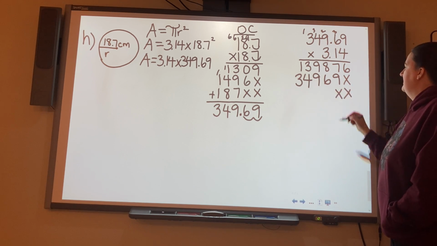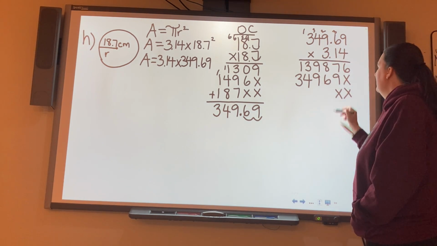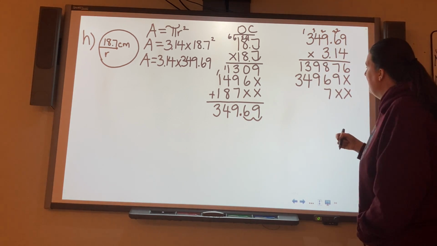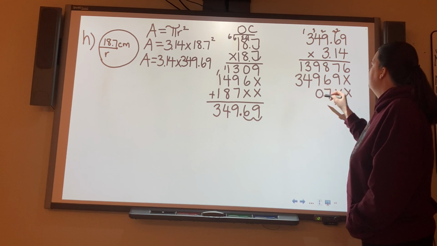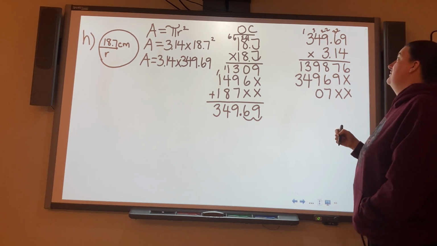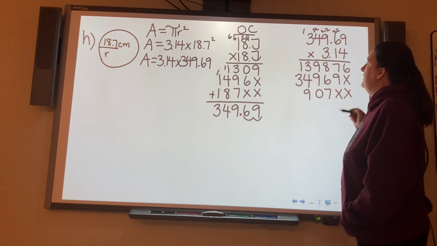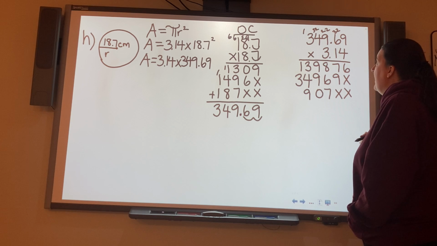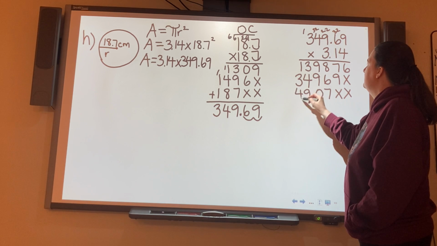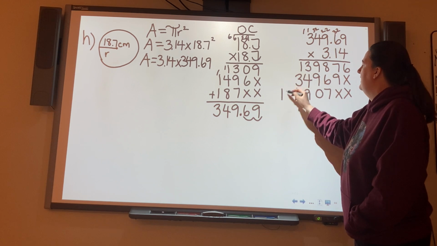Put 2 x's, so you can move to the 3. 3 times 9 is 27, carry your 2. 3 times 6 is 18, plus the 2 that you carried is 20, carry your 2. 3 times 9 is 27 again, plus the 2 that you carried is 29, carry your 2. 3 times 4 is 12, plus the 2 that you carried is 14, carry your 1. 3 times 3 is 9, plus the 1 that you carried is 10.